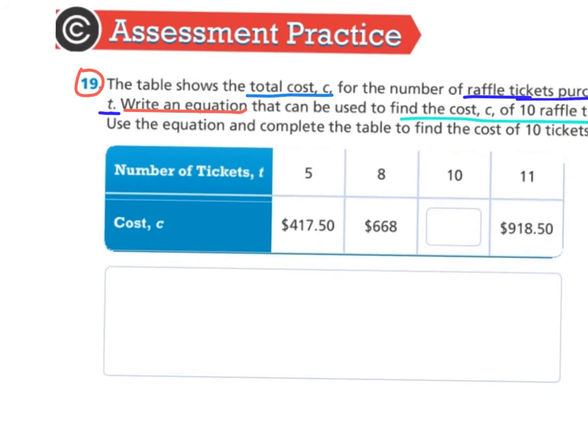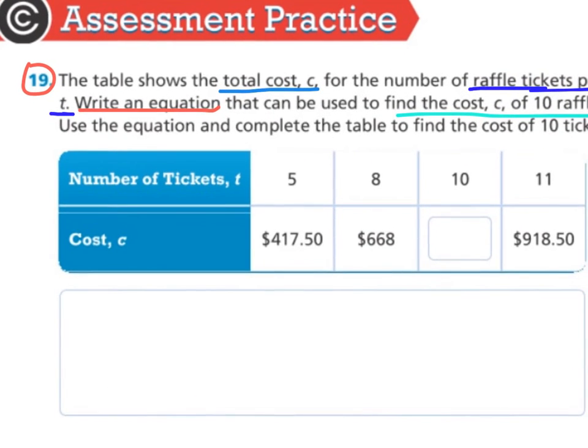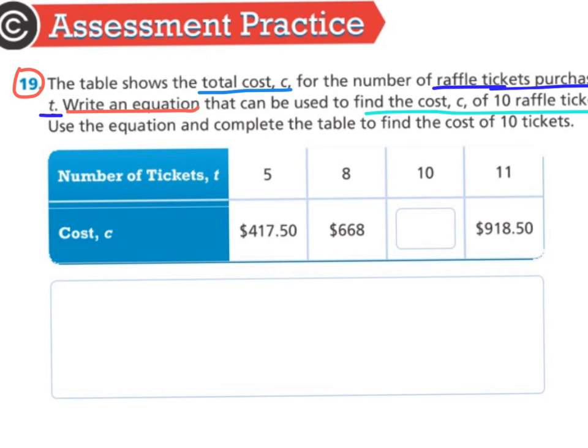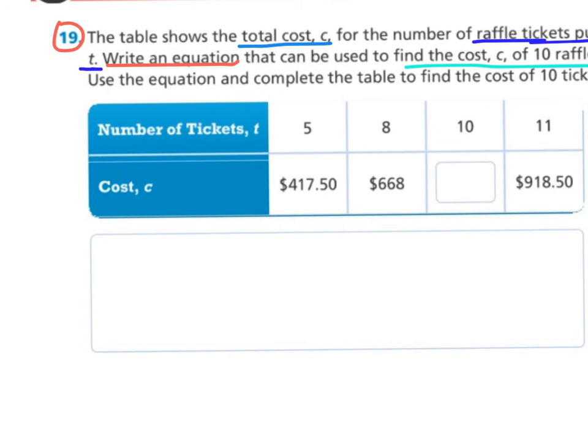Number 19, we have a table that shows the total cost for the number of raffle tickets purchased. They want us to write an equation to find the total cost of 10 raffle tickets. So this one, presumably it costs the same amount for each raffle ticket. Not always the case, but that's what our thought might be.